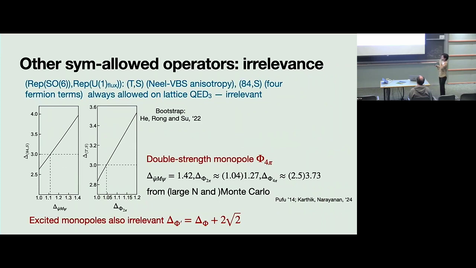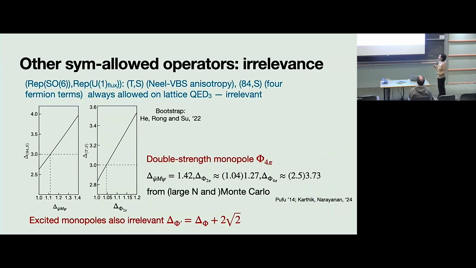Right, so apart from the single relevant monopoles, there are other possible local operators allowed by the UV symmetries. And we can group them in the representations of the IR symmetry group, which is SO6 cross U1. And the tensor symmetric representation, which describes the anisotropy between the Néel and VBS. And also some other, like 4 fermion terms, in another representation.